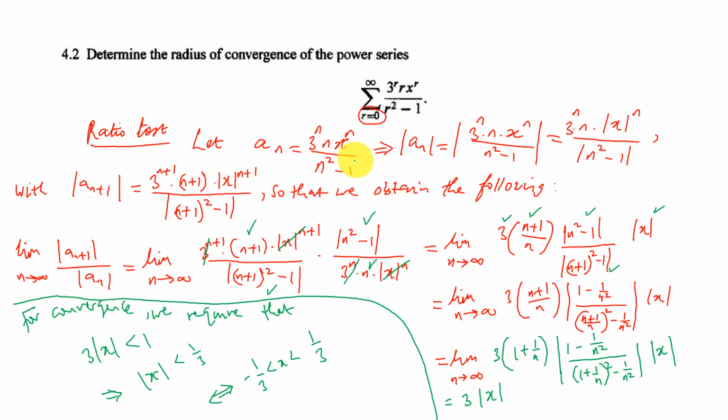Moreover, we put the modulus around n squared minus 1. Why? Because n begins from 0 and there's a minus there. That minus is enough of a threat because it is telling us that there can be negativity. So we're good to have the modulus around n squared minus 1.